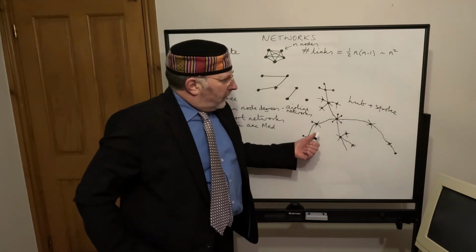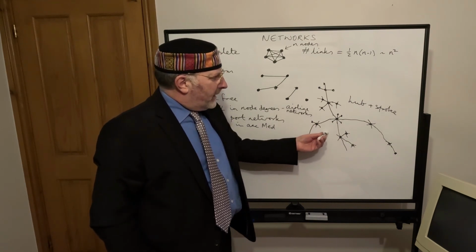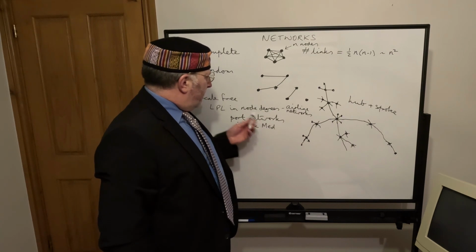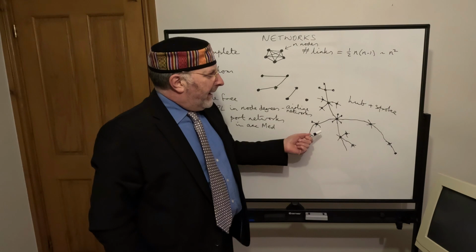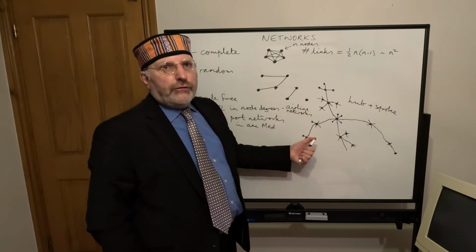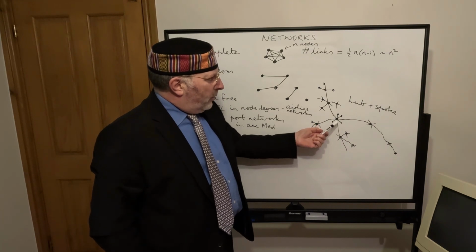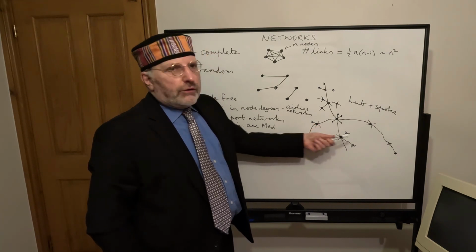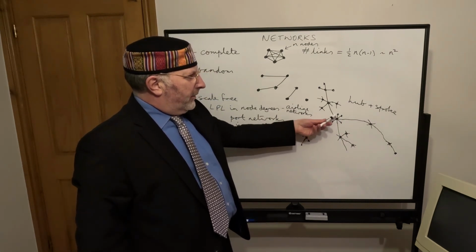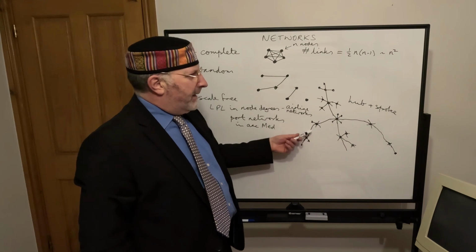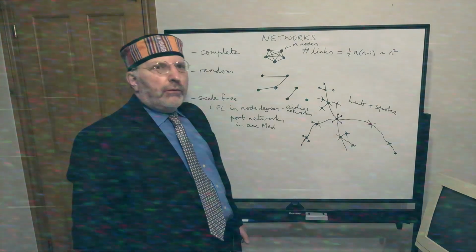People have studied the ports of the ancient Mediterranean, and understanding that it is this kind of scale-free network helps you think about the archaeology of it. You can anticipate what kind of structure you're looking for, and you do find this, that there are major ports, and then between them are lesser ports, and then there are little local ports.